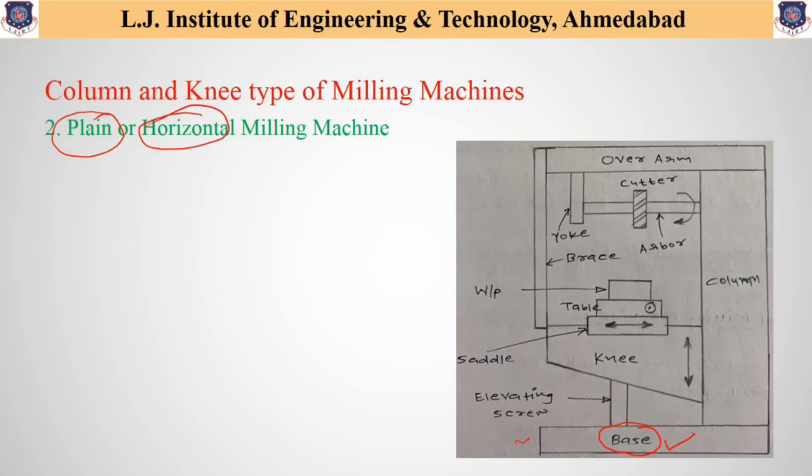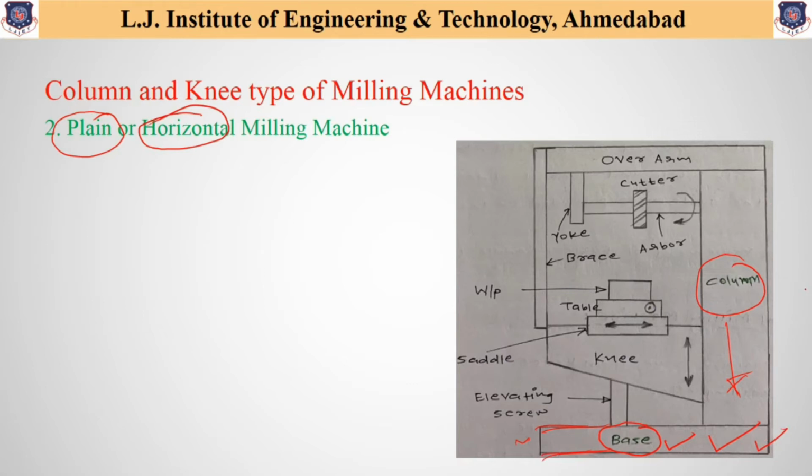Its top and bottom surfaces are accurately machined so that it remains parallel to the plane to maintain proper machining operation. As the base is at the bottom of this machinery, it acts as the load taking member, because the entire load of this machinery comes under this base.